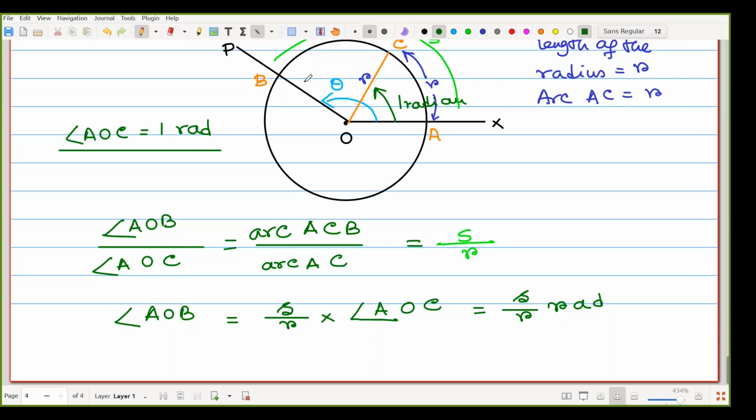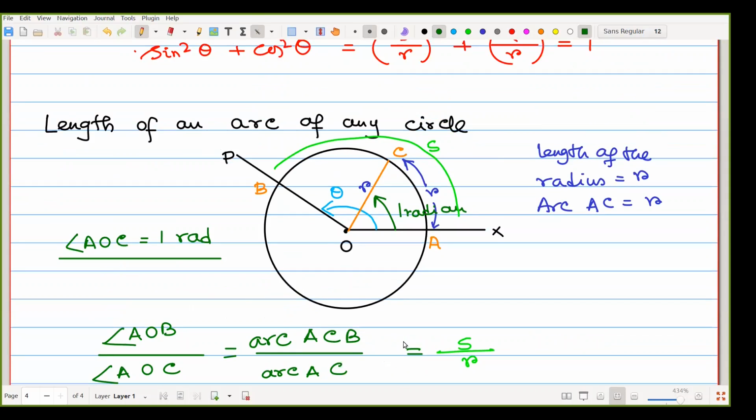Now angle AOB means theta, so theta is equal to S by R. We are not writing the rad here, but that implies S is equal to R theta. So that is the process to find out the length of any arc of any circle.